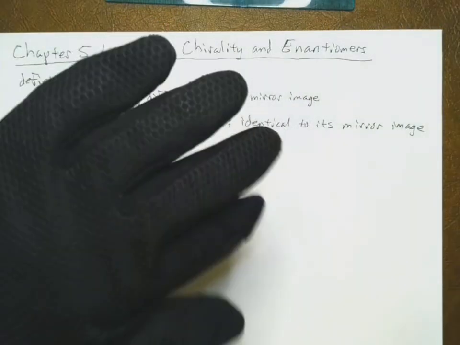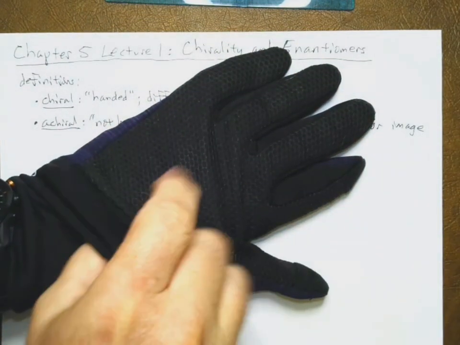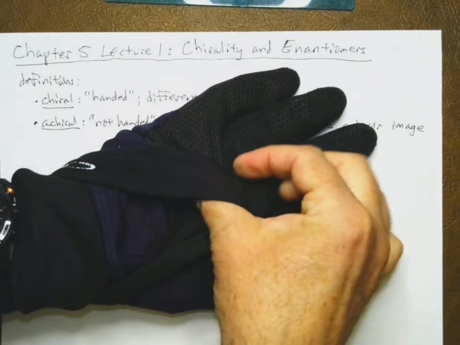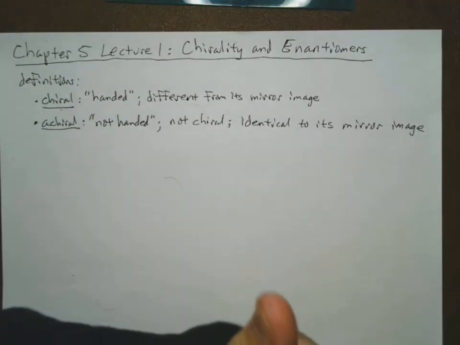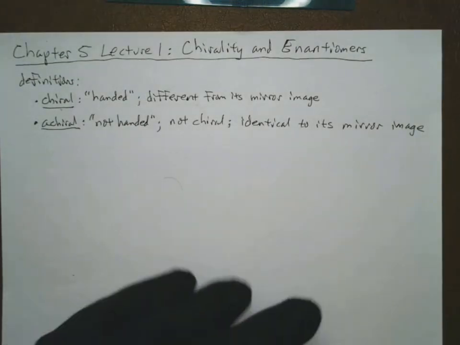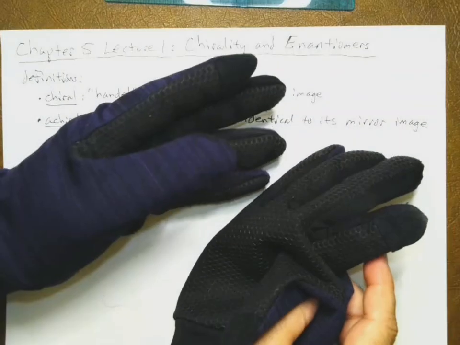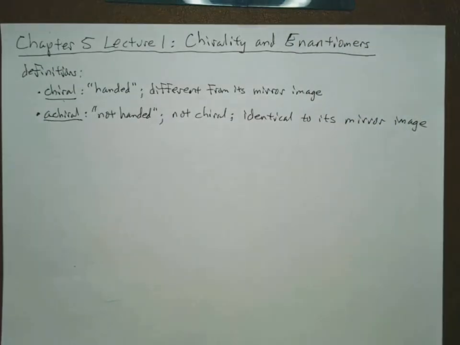Okay, I guess I just did it, except what do I have? I have the palm of one glove lined up with the back of the other glove. So I can't really superimpose them. They don't line up when I try to superimpose them. So these gloves are an example of an object or objects that are chiral.